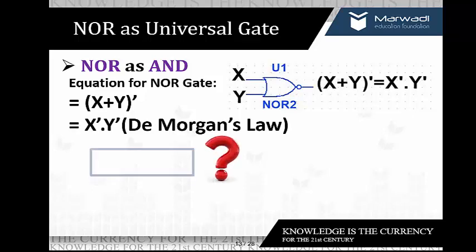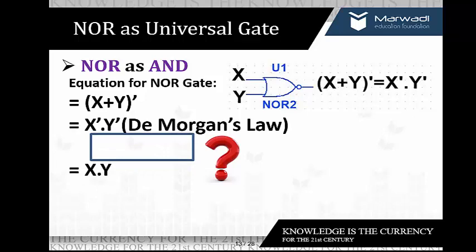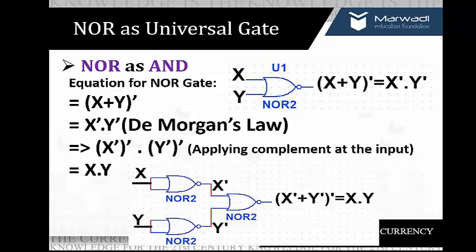Now here we can easily analyze that in order to convert x complement dot y complement into x dot y, which is the equation corresponding to AND gate, I need to toggle my input. Thereby, I would be applying NOT gate before my NOR gate so that my input x gets converted to x complement and y gets converted into y complement.